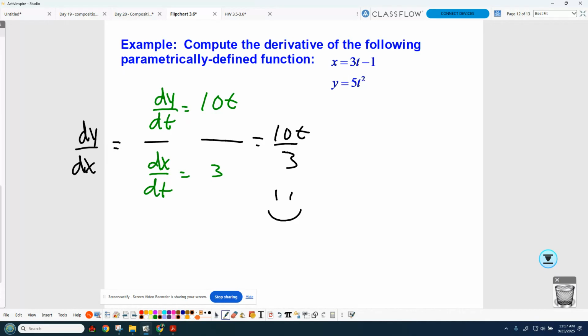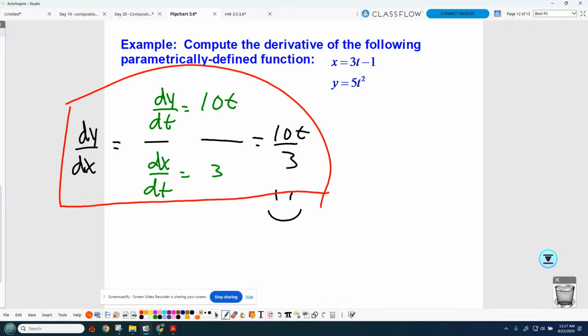Is that how you want us to write it? My big request is that you keep the dt in dy dt. What are you doing the derivative with respect to? And then at the end, writing it out like this, your answer is right here.